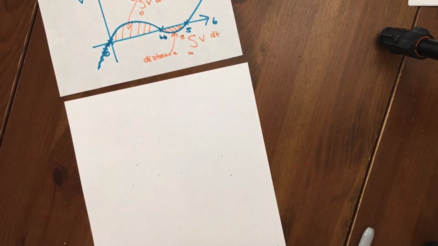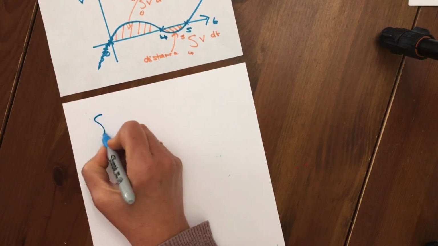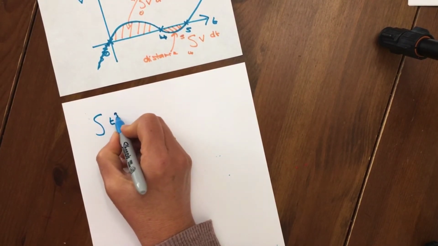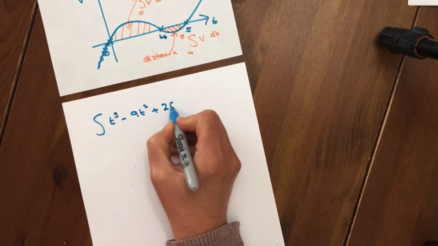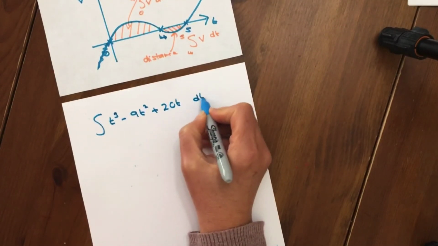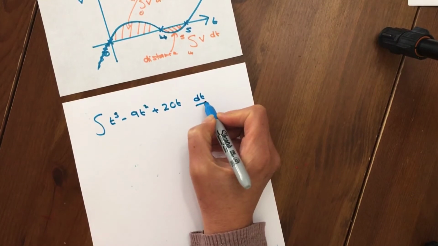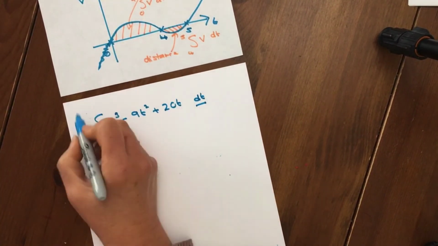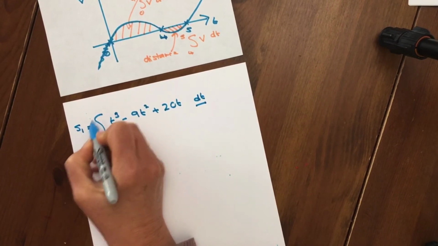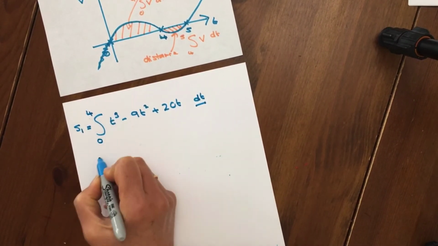So let's have a go at doing that then. Here's my formula for velocity, going back to what I originally got at the beginning of this question. I'm going to integrate with respect to time, and I'm going to integrate, if I call the first distance S1, between 0 and 4.